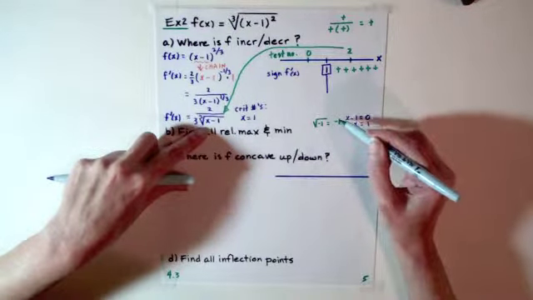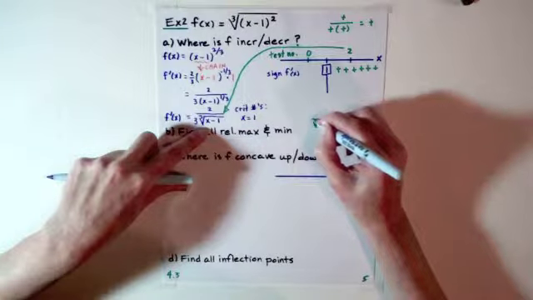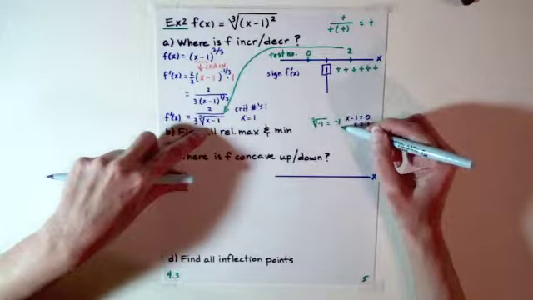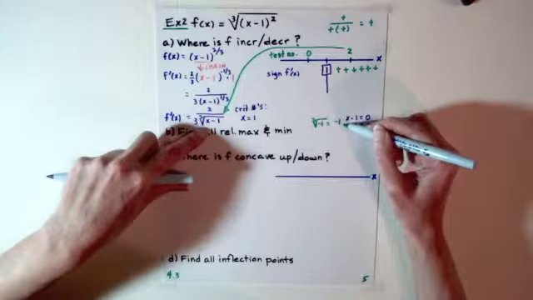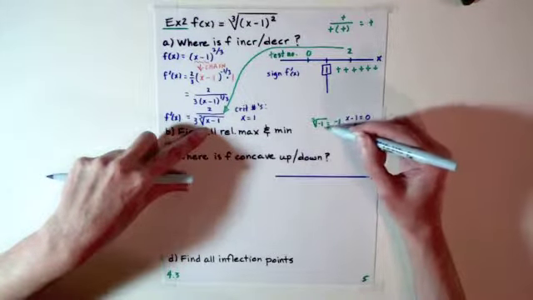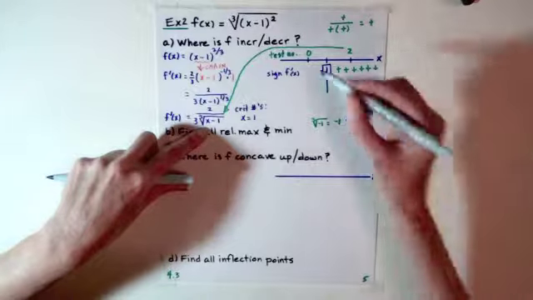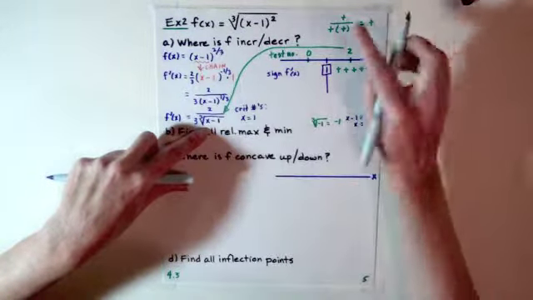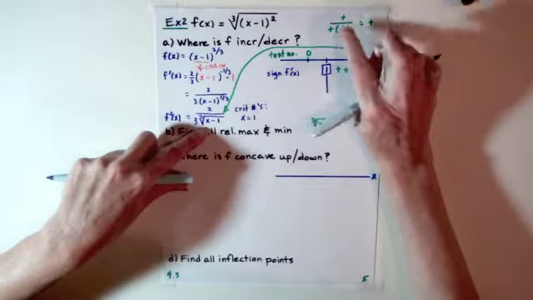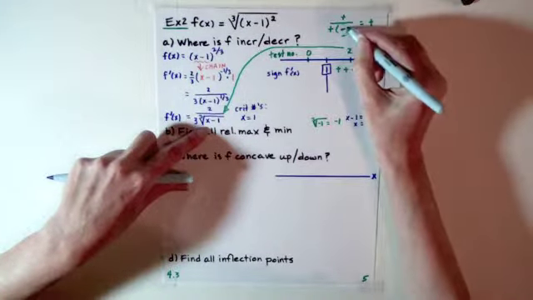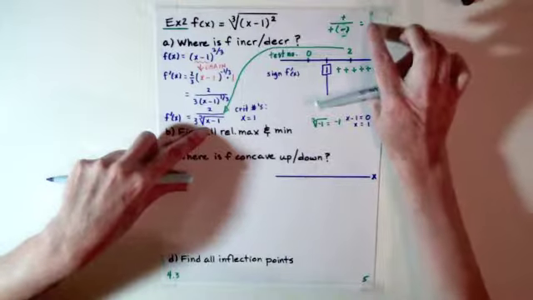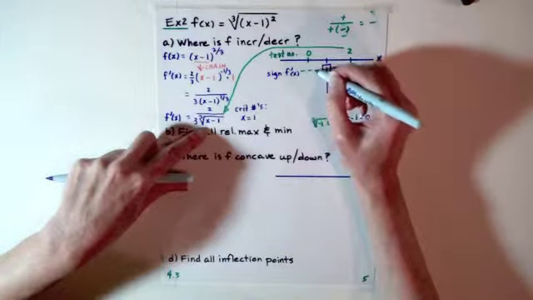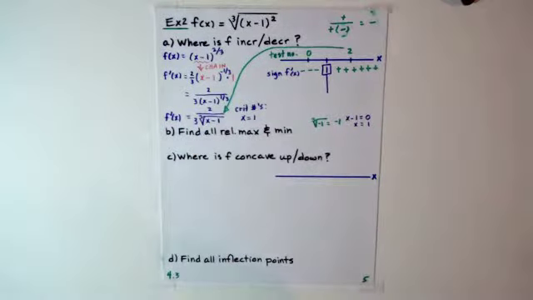That's because negative 1 to the third power gives me a negative 1 as an answer. So it looks like I have positive over positive times negative. So this has switched to negative, and that means that my overall sign of my expression is going to be negative. So f prime is negative to the left of 1.